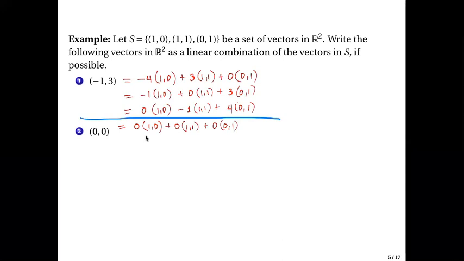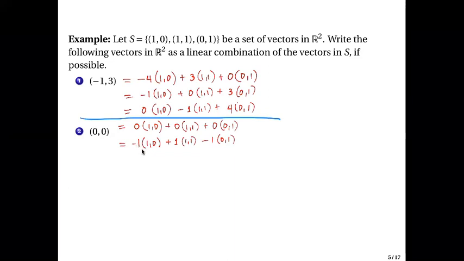Okay? But there will be another one. You can have -1 (1, 0) plus 1 (1, 1) plus -1 (0, 1). No, this is not just 1.